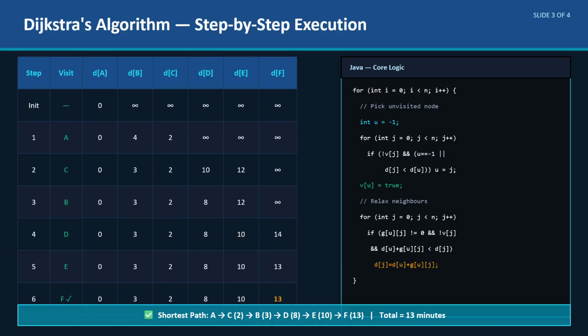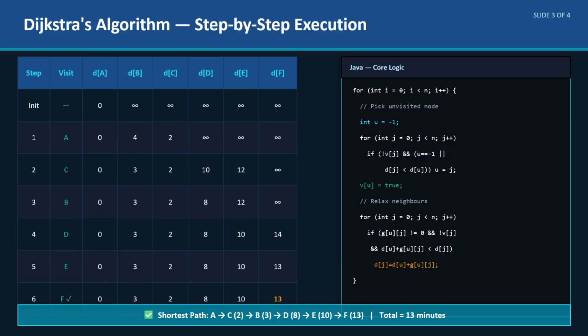Now let's talk about the idea behind the algorithm before we touch the code. Dijkstra's algorithm works on a simple greedy principle: always explore the closest unvisited node first, like DFS, BFS.